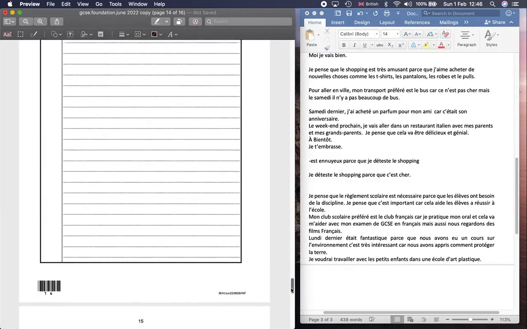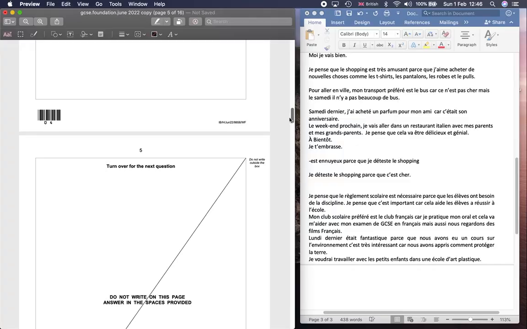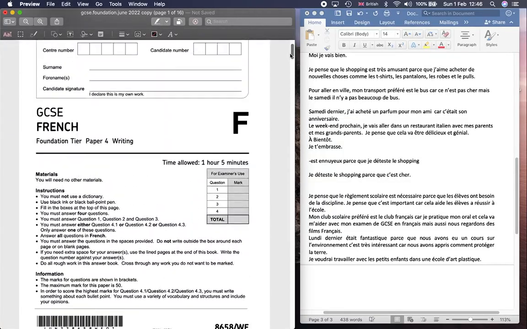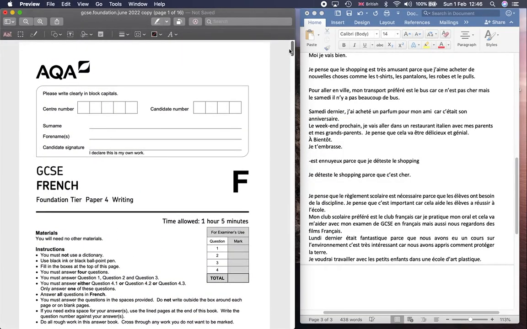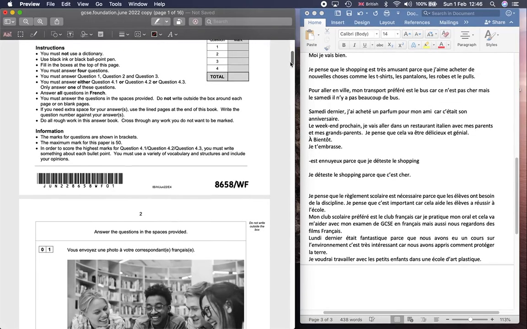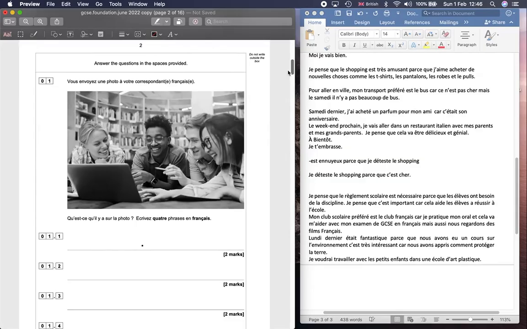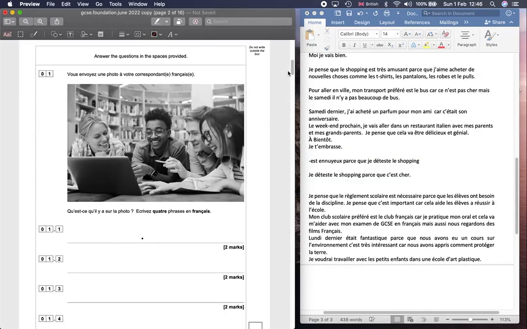All right, so we have gone through this foundation GCSE French paper from June 2022. I hope this was helpful, and I would like you to let me know if you have any questions regarding this.